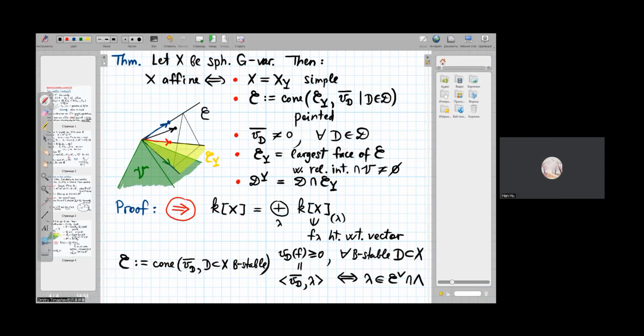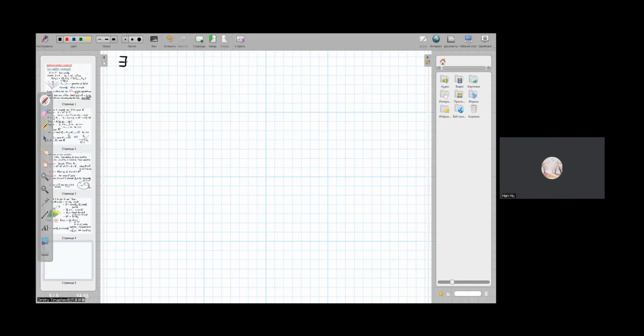Well, we can say more. Now we want to study the properties of this cone. Let us consider all these divisors D, all B-stable prime divisors on our affine spherical variety X. There are finitely many of them. And we can find a regular function. So there exists a regular function f on X, which is not identically zero on the whole X, and which vanishes on all these divisors.